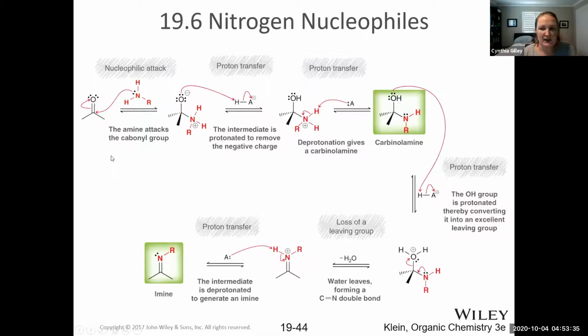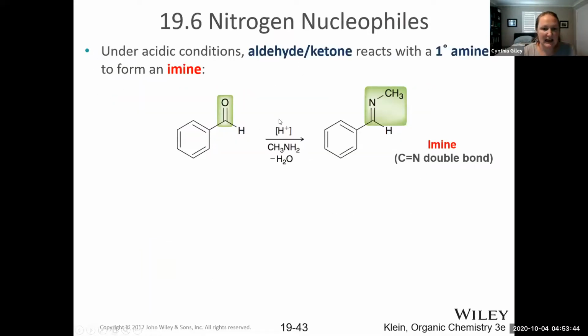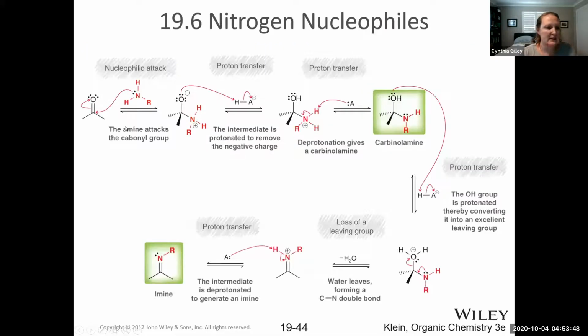That is not what Dr. Gilly has taught me to do. Because remember, we said this reaction is going to occur under acidic conditions, right? Notice the catalytic acid over the arrow. So the first step that they're showing is nucleophilic attack of the amine nucleophile, and it's attacking the electrophilic carbonyl carbon.